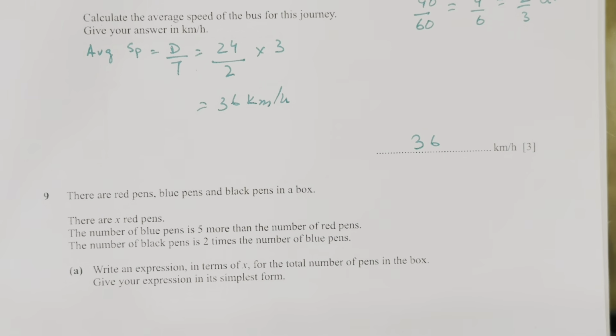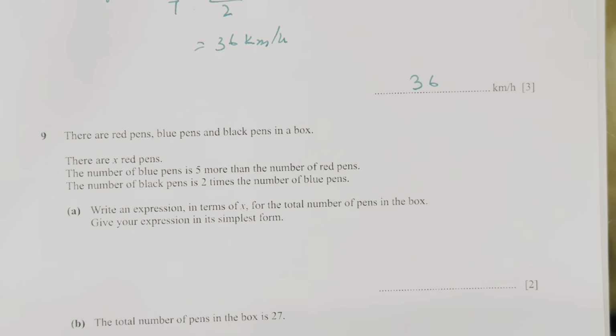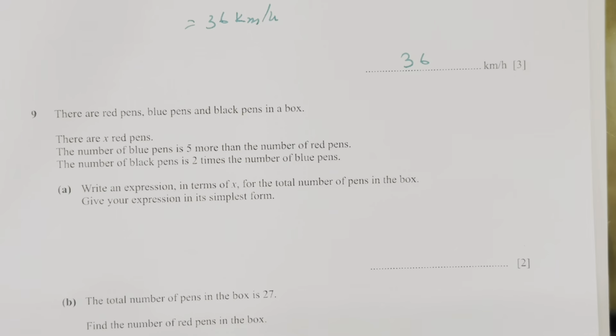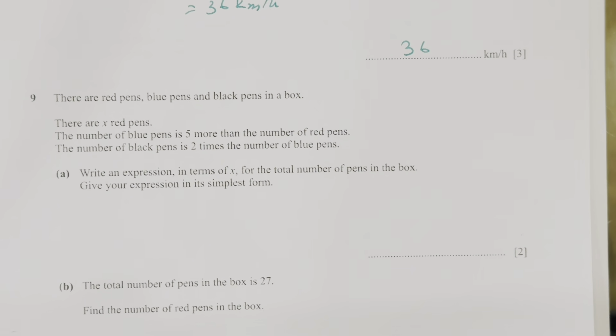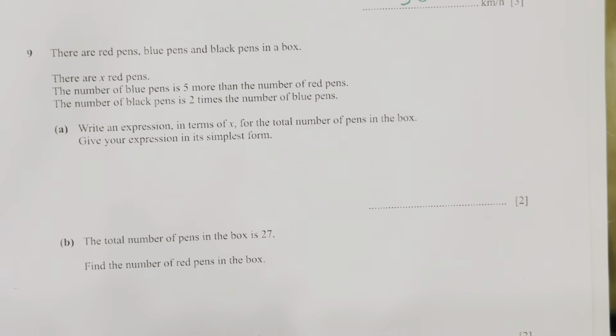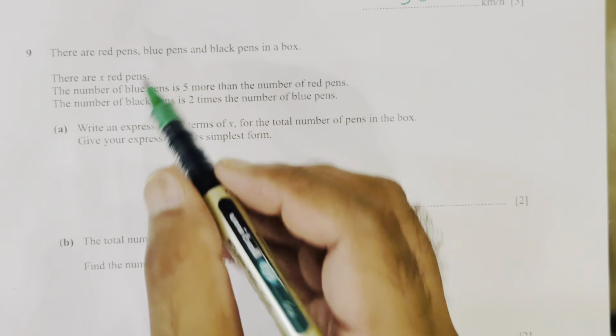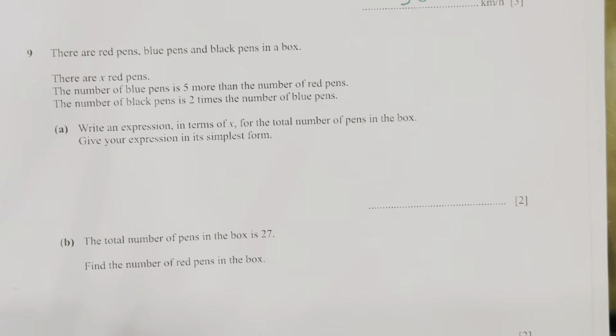Question number 9 is from the topic of probability. This is a simple probability question. There are red pens, blue pens, and black pens. There are X red pens, okay, and the number of blue pens is 5 more than the number of red pens.